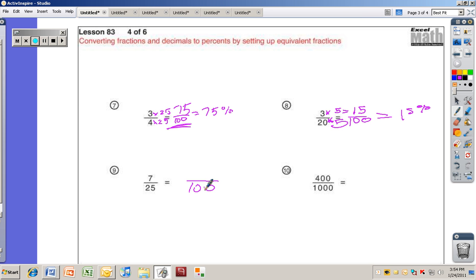Hey, you figured out that it's kind of like money, huh? Okay, yeah. 4 quarters and $1. And then that equals 28.